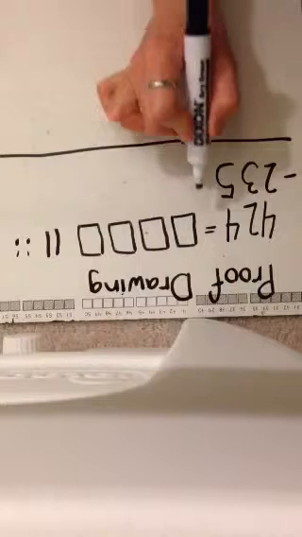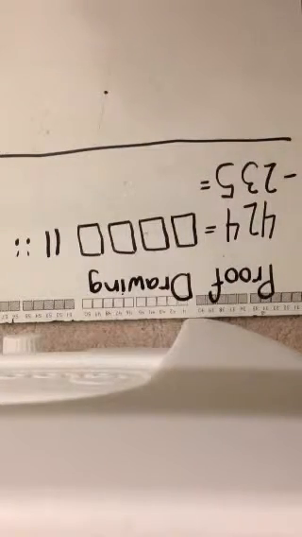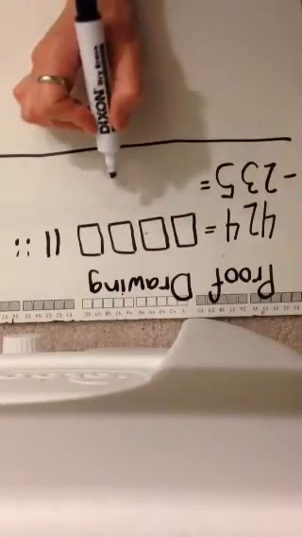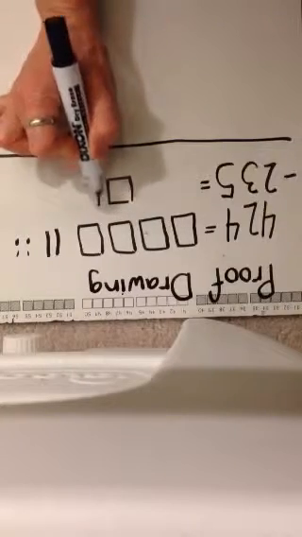The next thing that we're going to do is we will do flats, sticks, and stones for 235. So how many hundreds are in 235? That would be 200. 100, 200.